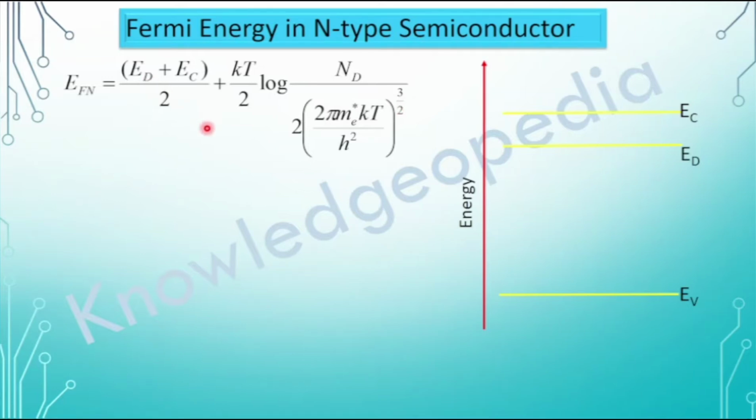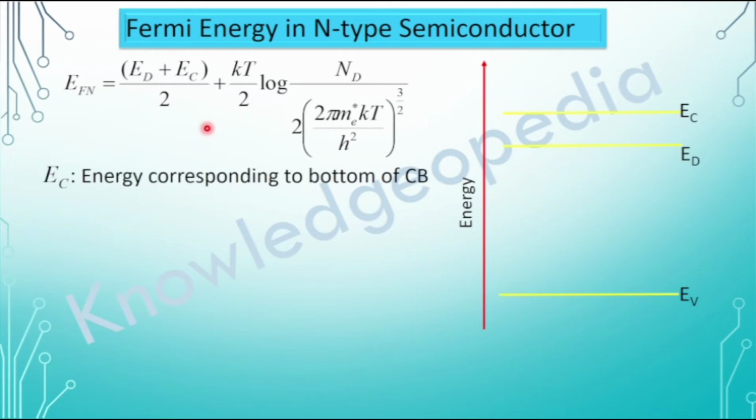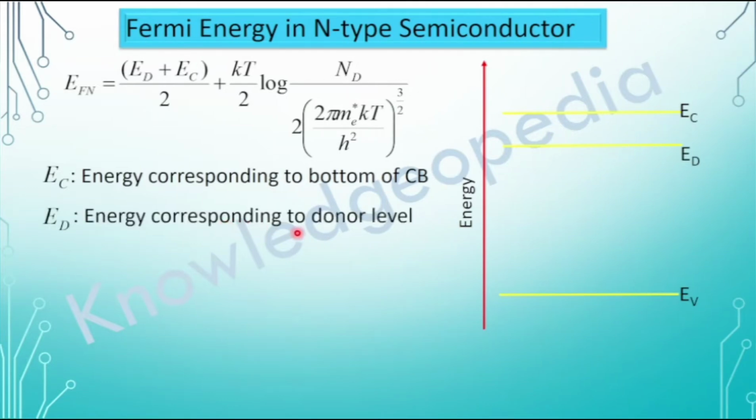You all know that EC is the energy corresponding to the bottom of the conduction band. If the conduction band lies over here, this EC is the bottom of the conduction band. ED is the energy corresponding to the donor level.